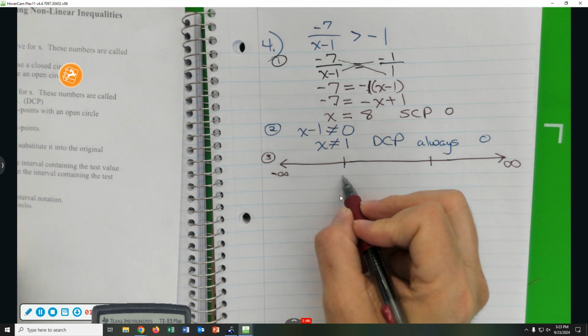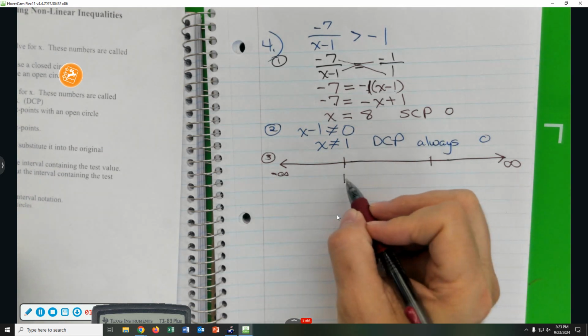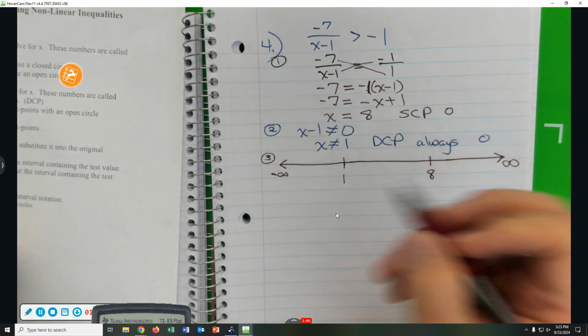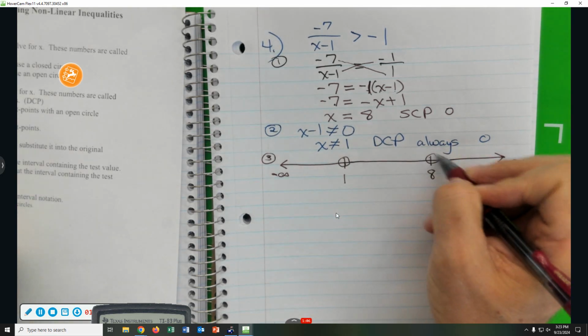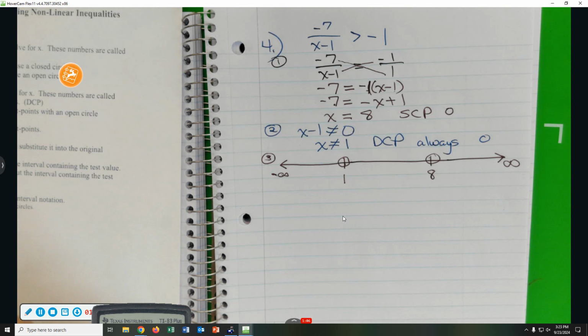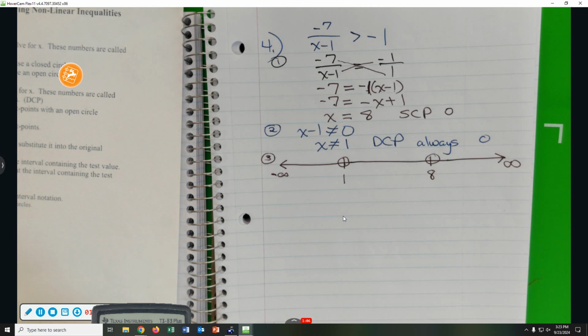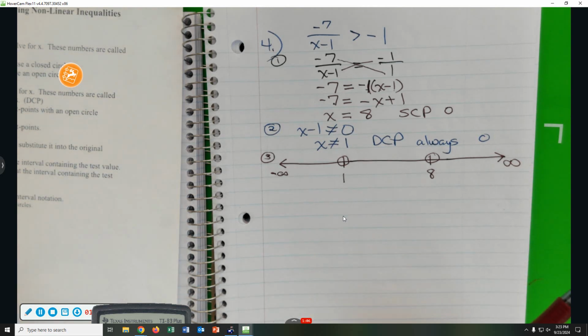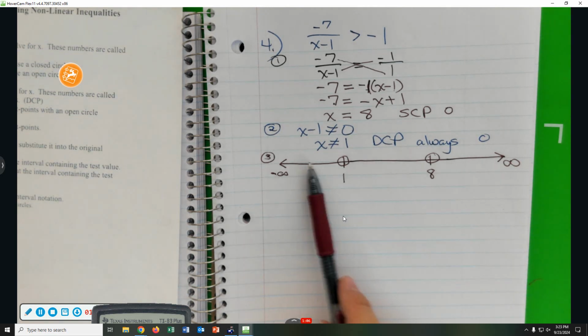Which one goes first? 1. It goes small to big, 1 and then 8. And they're both open. We've already said that we can assume an alternating pattern. That means if we're running out of time and this were a test, you have a 50-50 shot. Either true, false, true, or false, true, false.